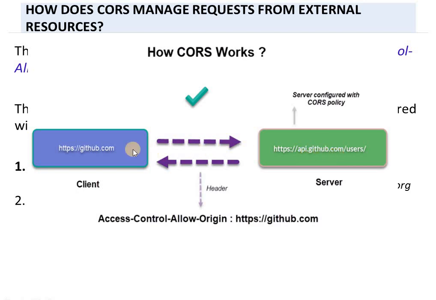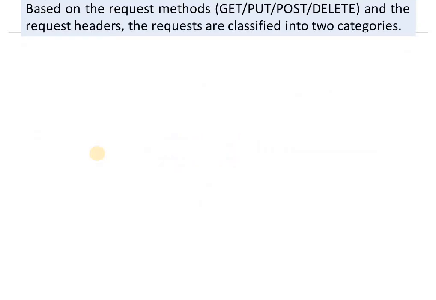So whenever it requests these servers, if the server is configured with CORS policy, then it will check for this HTTP header value, Access-Control-Allow-Origin. If its value matches with something like this value over here, that means this domain can access resources from this domain. So the client will get an appropriate response.